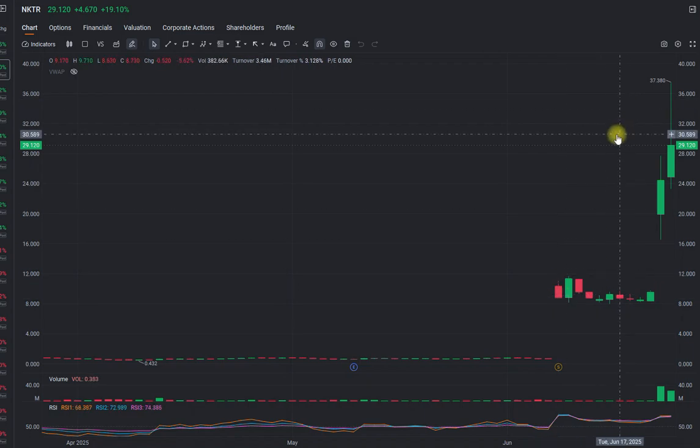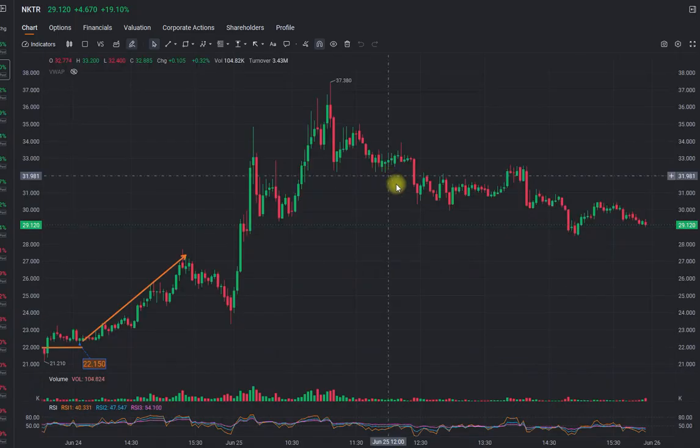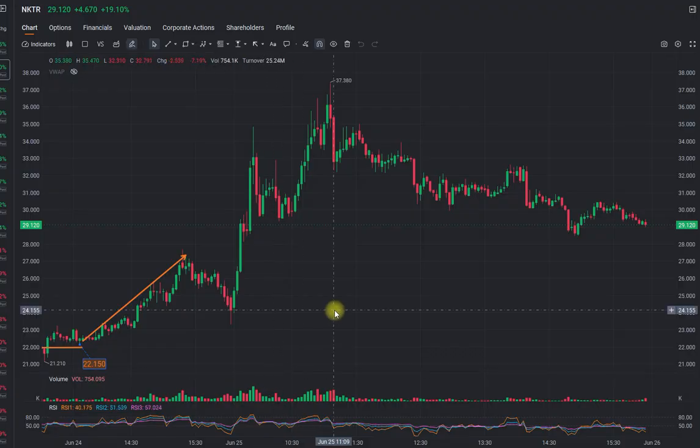So let's take a look at the intraday chart and see what happened basically yesterday. I'm not going to talk about the prior day because we are day traders and we close positions at the end of the trading day. Sometimes it hurts to watch, but that's the reality.